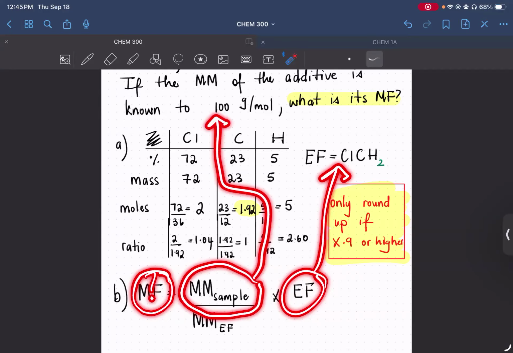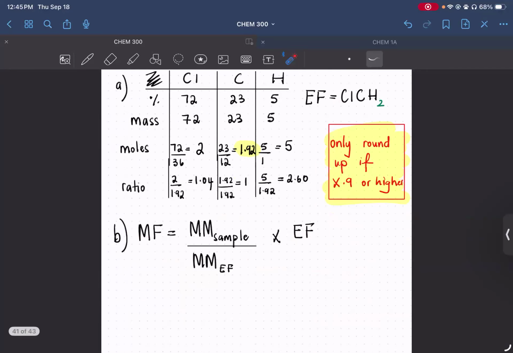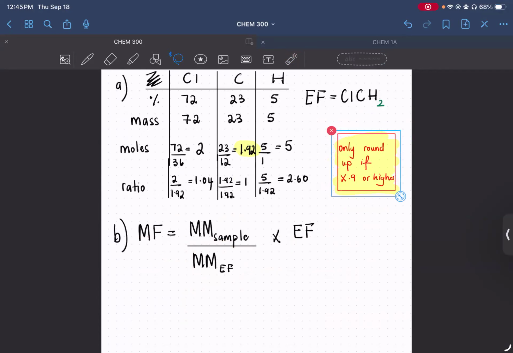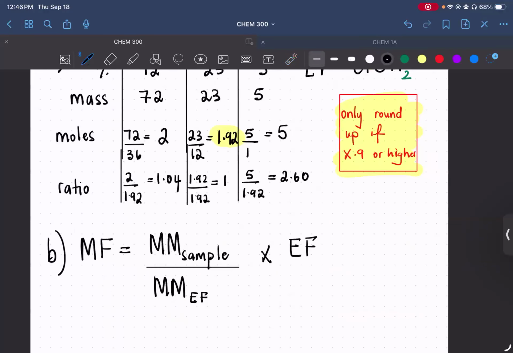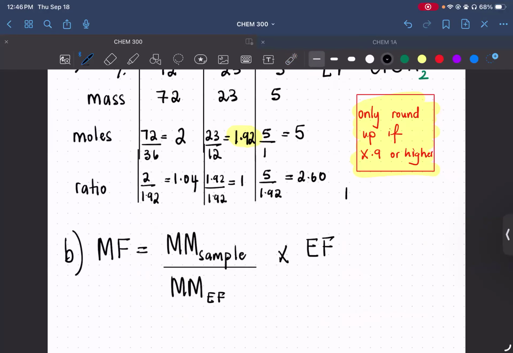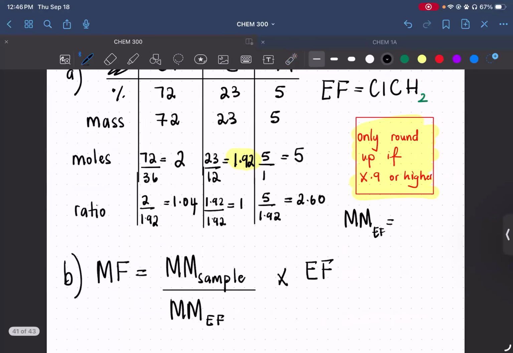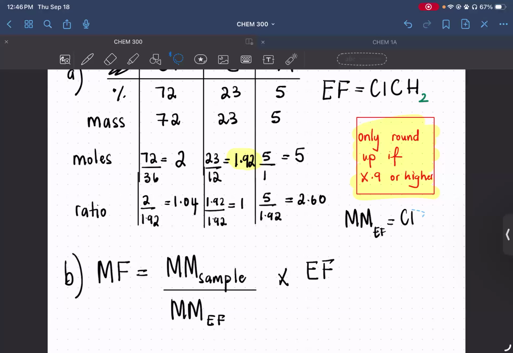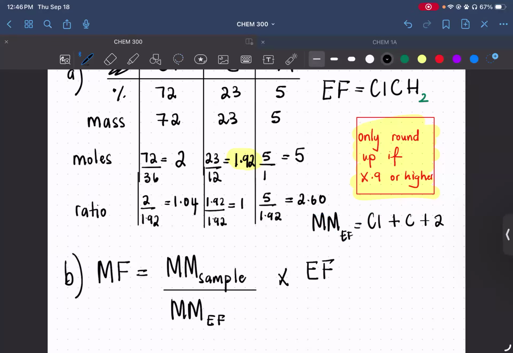If the molar mass of the additive is known to be 100, so all that's missing right now is the molar mass of the empirical formula. Have no fear, though. We can calculate that pretty easily. The molar mass of the empirical formula, we recognize that there is 1 chlorine, 1 carbon, and 2 hydrogens.